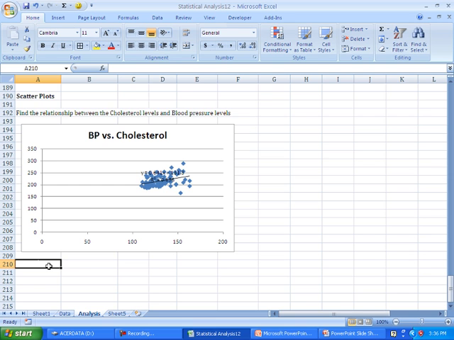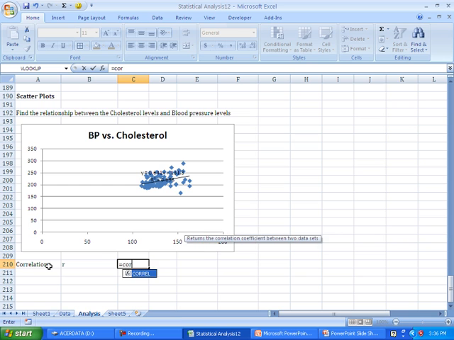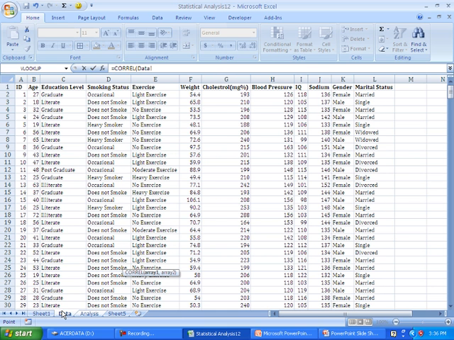So let me use two words here. The correlation, which is nothing but R, can be found out in Excel through a formula called CORREL. Correlation between array 1 and array 2. Array 1 for me is cholesterol, comma, array 2 is the blood pressure.